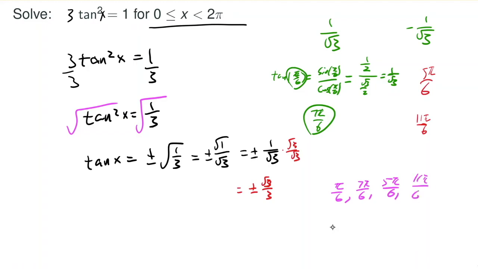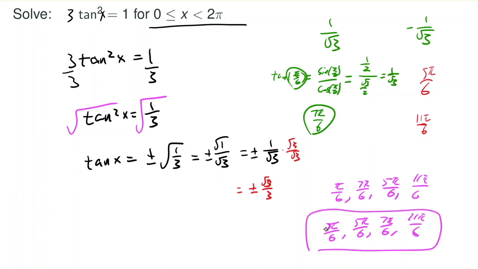We can actually write the angles in order of size: pi over 6, 5 pi over 6, 7 pi over 6, and 11 pi over 6. So these four are the answers. Oops, this is just pi over 6. So any of these angles will make this equation true.